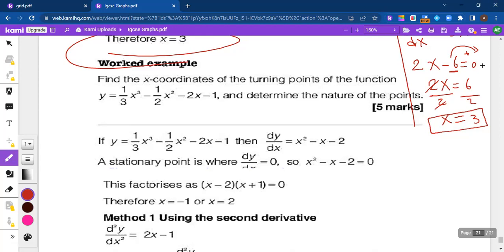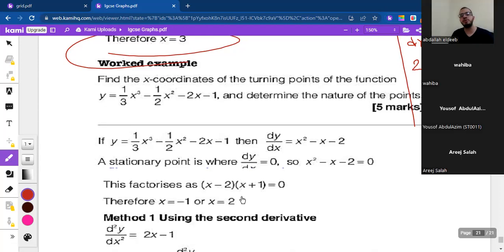Guys, in your information, if you have x to the third power, it means you have 2 turning points. Again, if it's x squared, 1 turning point.